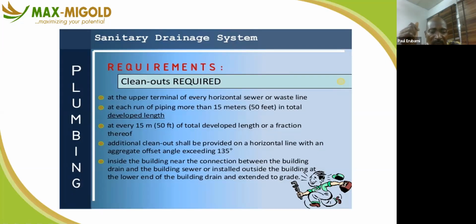Then at every 15 meters of total developed length or fraction thereof, which is the same thing I've mentioned. Then an additional clean out shall be provided on a horizontal line with an aggregate offset angle exceeding 135 degrees. So that is the reason why they said when you are going horizontal to vertical or horizontal to horizontal, you maintain a 45-degree Y. What does a 45-degree Y mean? That means you have an angle of 135 degrees at the other end. So it is easier. Once there is a blockage in the nearest future, you can easily use your K-rod for cleaning.